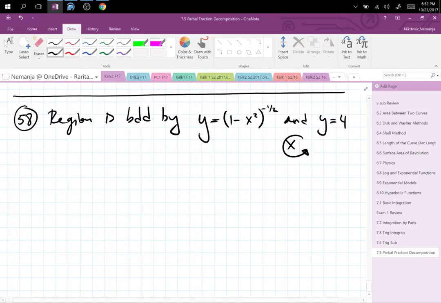What is this? What are we looking for? Volume, yes. Find volume.